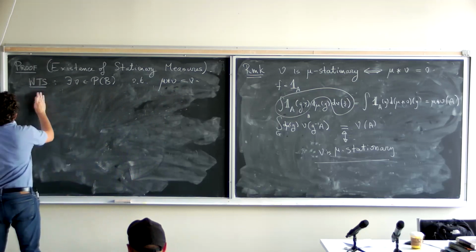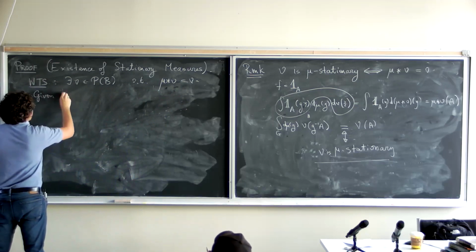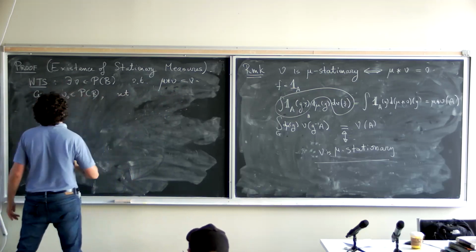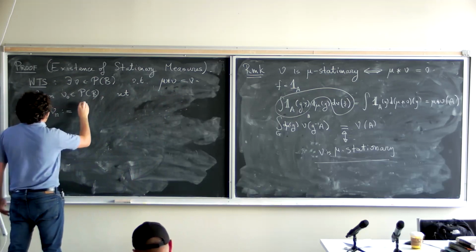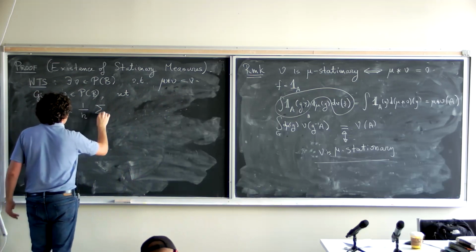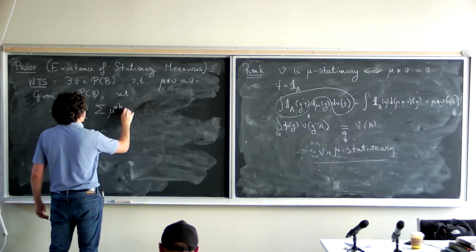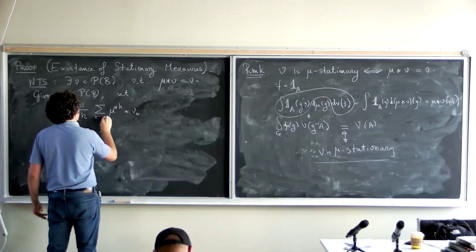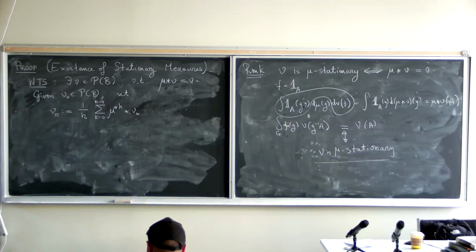So define: you start with any measure, like nu 0, whatever measure. Then you set nu n as 1 over n times the sum of mu convolved k times with itself, star nu 0, from k equals 0 to n minus 1. So it's important to take this average.